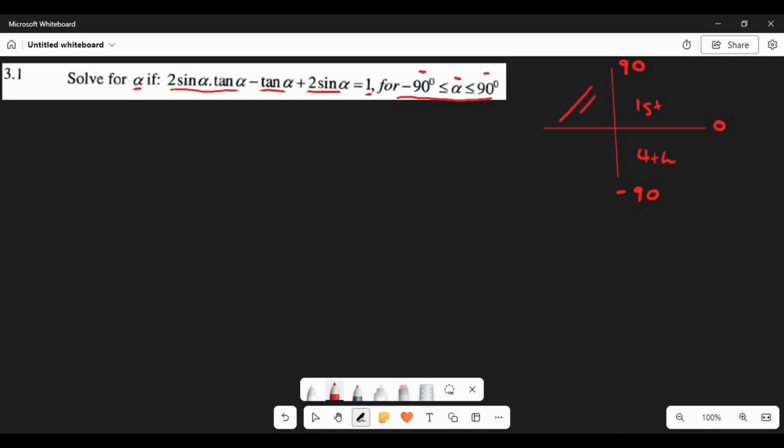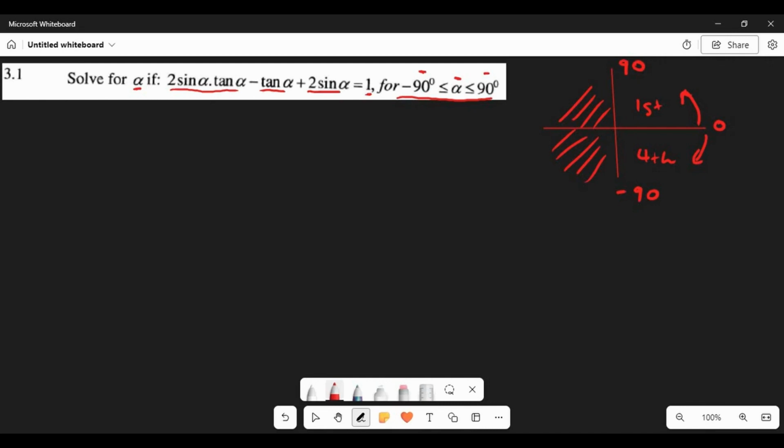As for the second quadrant and the third quadrant, they are out. I hope you understand this, because when you go this way, we have positive 90 from 0, and when you go that way, we are heading towards negative 90. So as you can see, these are 2 quadrants: the first and the fourth quadrant.